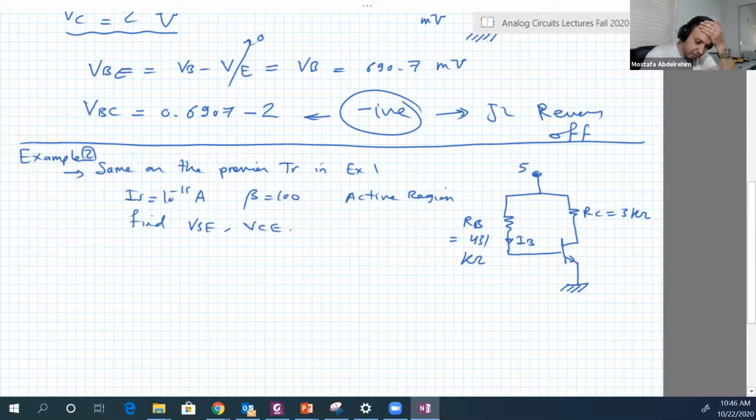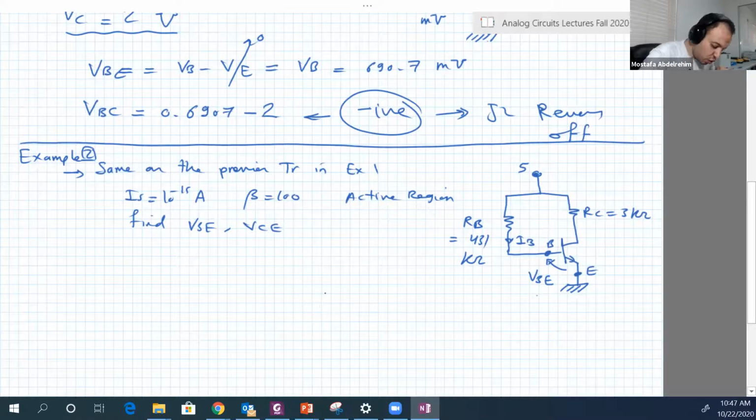Okay, let's do that. We replaced the current source by a resistor. Now this is VBE. I will not draw the equivalent circuit, I will just use the circuit. So this is the base, this is the emitter, and the voltage between them is called VBE.